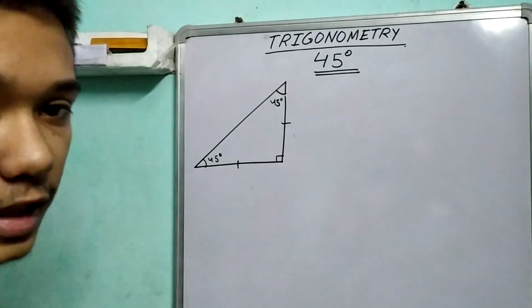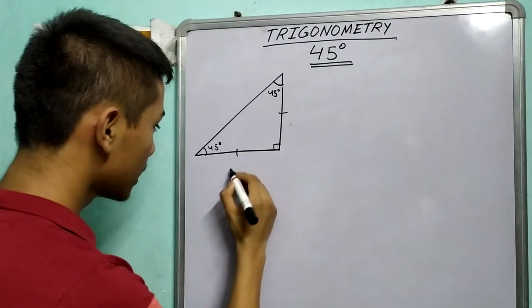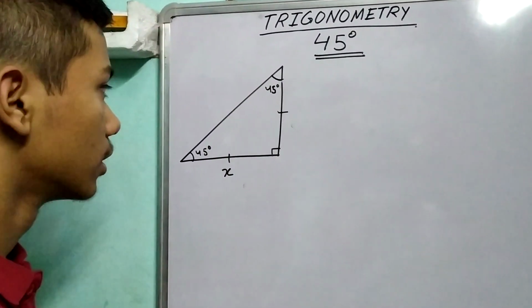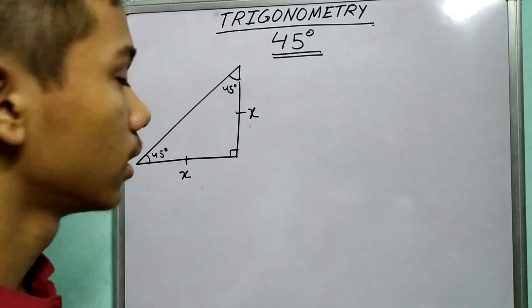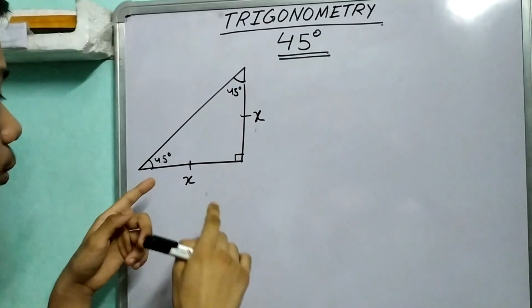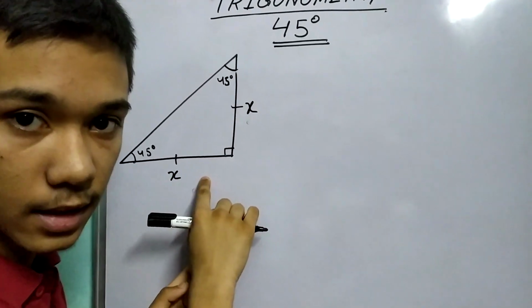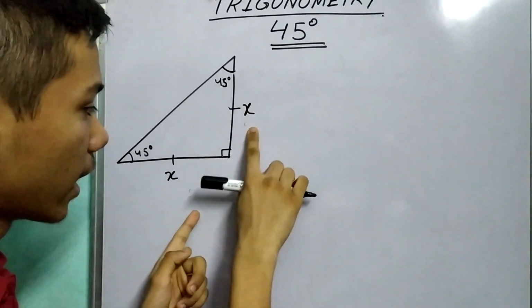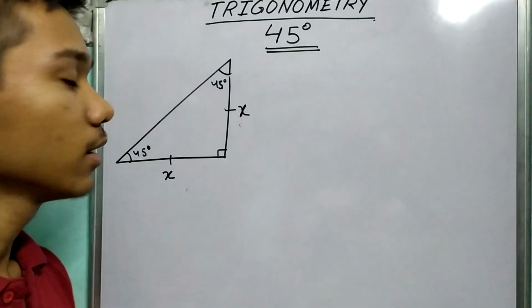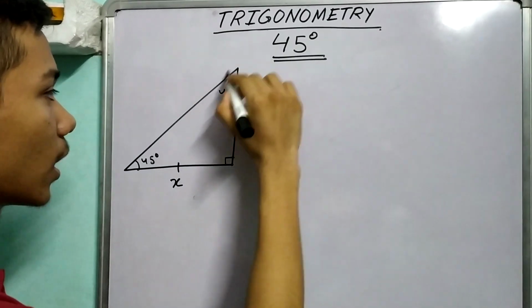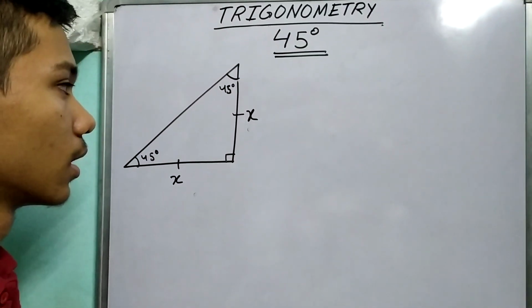Now we'll just label these. Okay, so we will label this as x. This side actually will be x. Okay, now we get one side as x, another side as x, and we have a right angle. Which property or which formula rather can you use to find out the length of the hypotenuse?